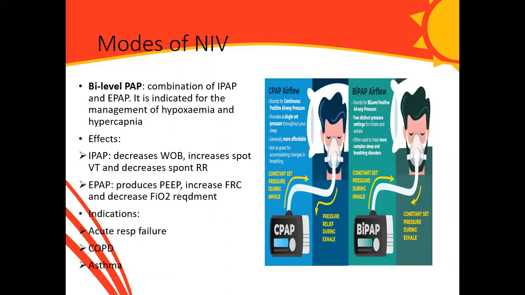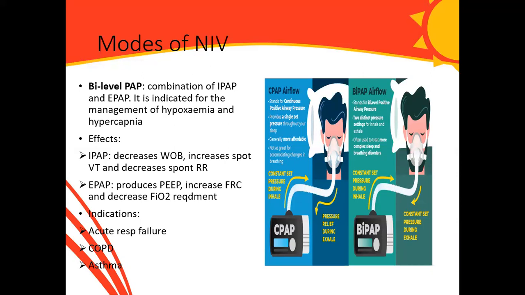We have the BiLevel PAP, all right, bilevel positive airway pressure. As you can see, there's a difference between CPAP and BPAP. BPAP is indicated for both the management of hypoxemia and hypercapnia.